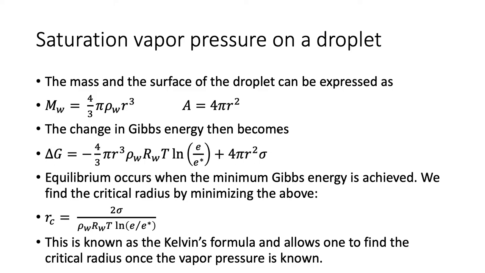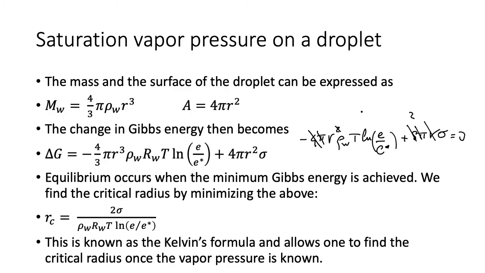And if you take this derivative, it's pretty simple. This becomes minus 4 pi r squared rho w R_w T logarithm E over E star plus 8 pi r sigma over 0. R cancels the square. This cancels the 2. The pi's, interestingly, both cancel out.